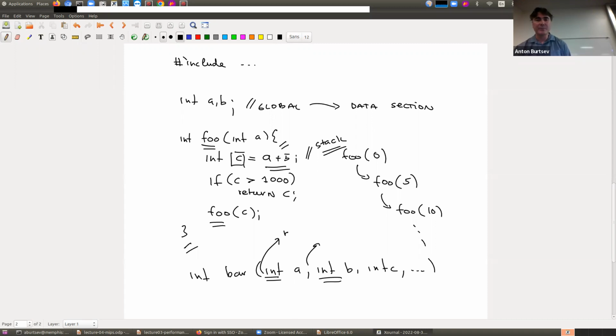I forget what it's called on MIPS, A0, then A1 or A2, and then maybe A3. But at some point, if you create a function with a ton of arguments, you will run out of space, and then you start passing those arguments on the stack.